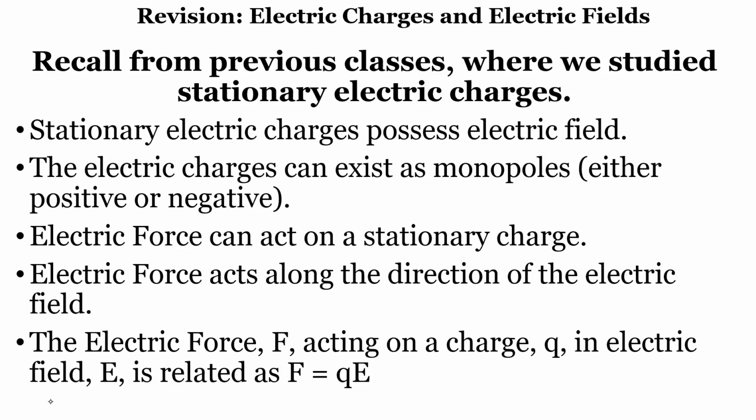Electric charges can exist as monopoles. It's possible for you to have a certain charge and say this is a positive charge, or a negative charge. But it is impossible for you to have a magnet and say this magnet is a North Pole. Magnets do not exist as monopoles.